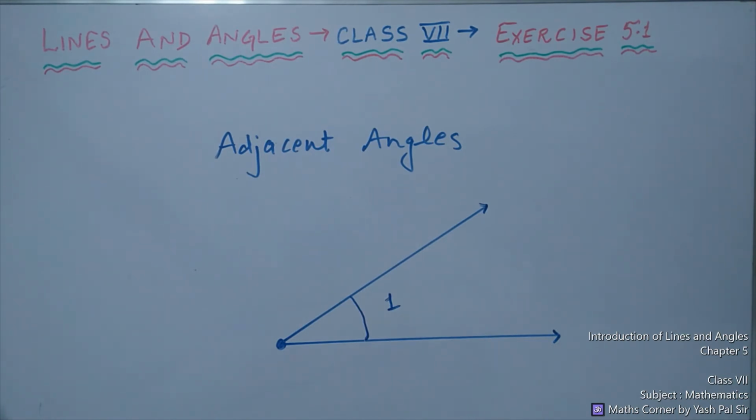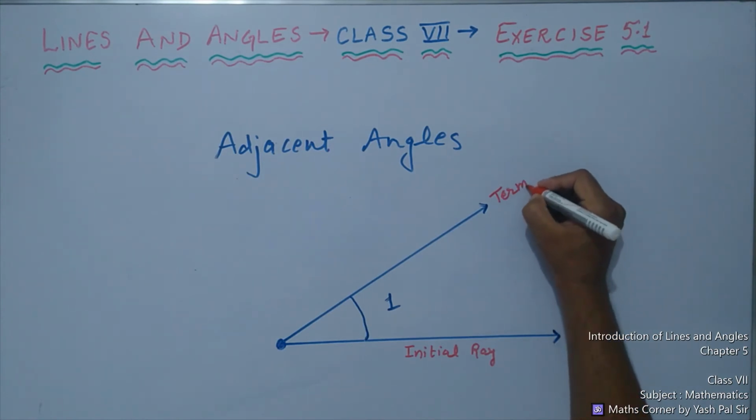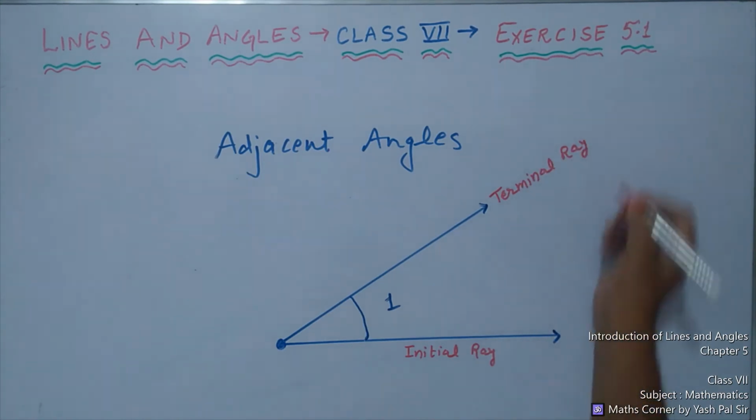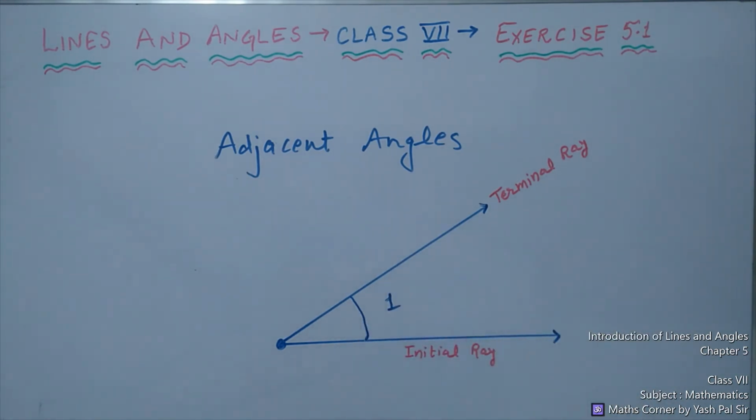Now what happens, this is called the initial ray. Initial ray means the starting ray of the angle, and this is called the terminal ray, the ending ray of the angle.